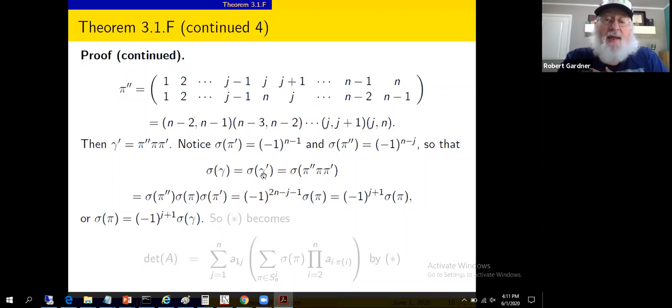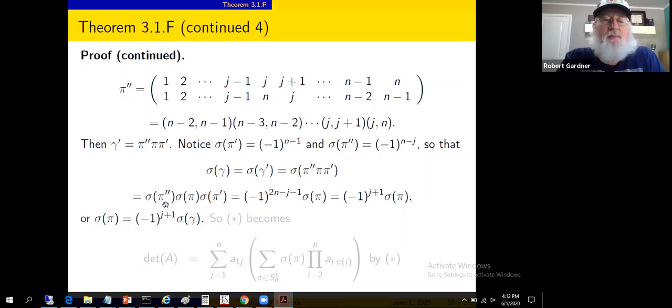They only differed by the fact that this has an extra fixed point that gamma doesn't have. So in terms of transpositions, their sigma values are the same. Sigma of gamma prime would be sigma of pi double prime times sigma of pi prime, because we built those so that this equality would hold. We're just counting up numbers of transpositions. All we've got to do for a sigma of a product of permutations is take the product of the sigma values. It's plus or minus 1. I'm just trying to see if there's an even or an odd number.